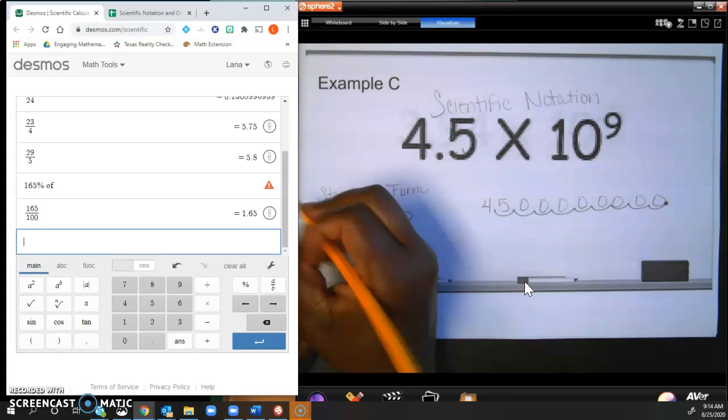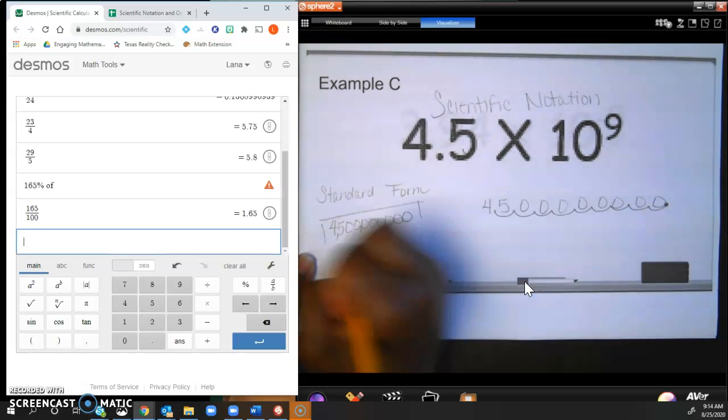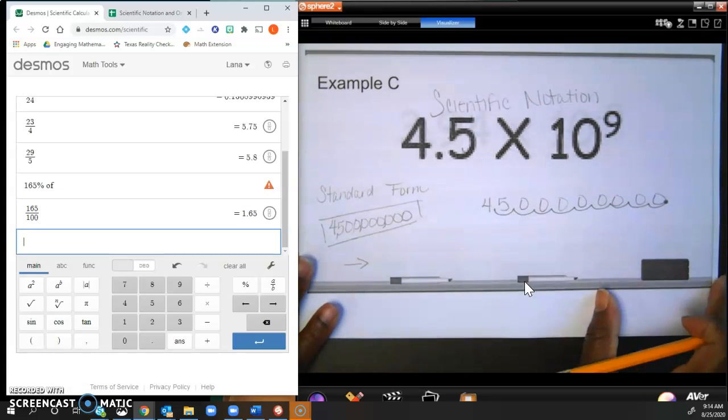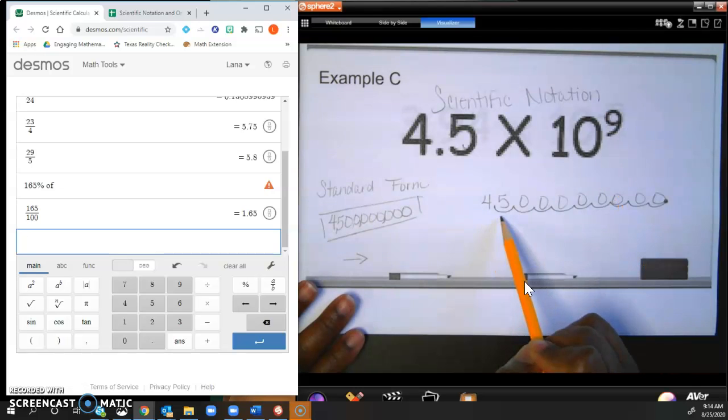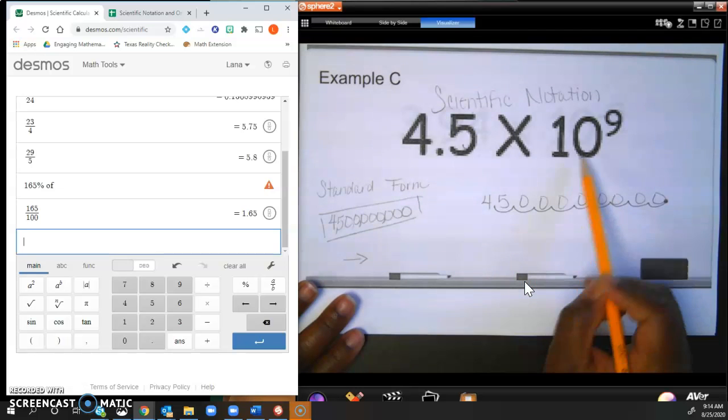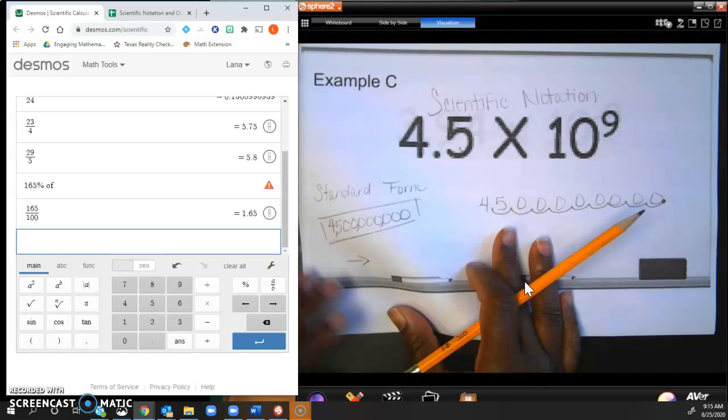This is how you would write this number in standard form. So if it is a large number, you're moving your decimal to the right, however many times your exponent tells you to.